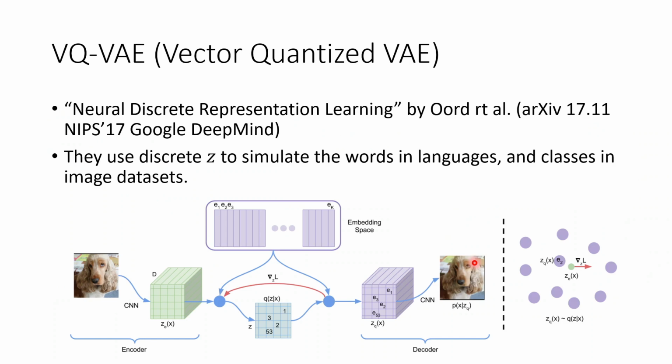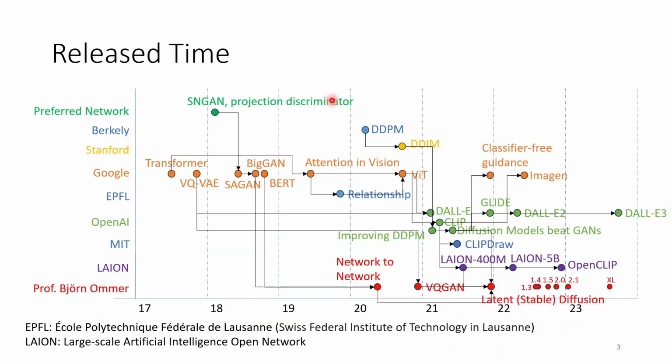Okay, now we are going to our second track. Let's continue the one we talked about last week. So let me show you. Okay, the second track is this. After VQ-VAE, there was VQGAN.